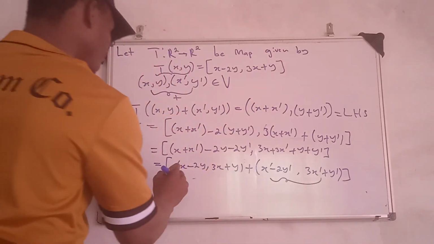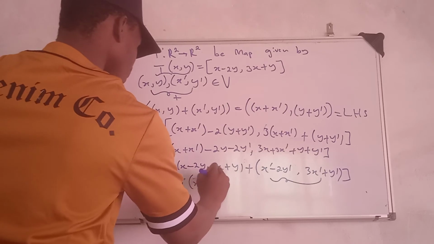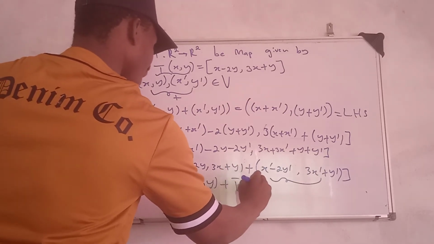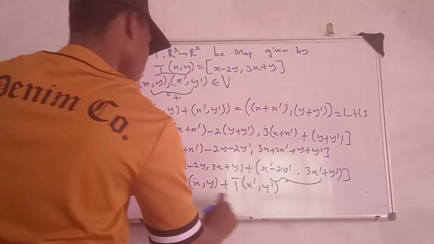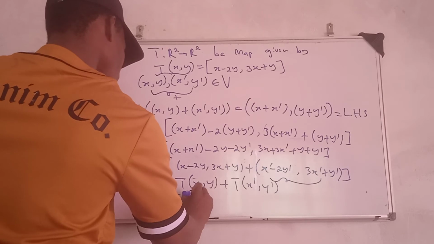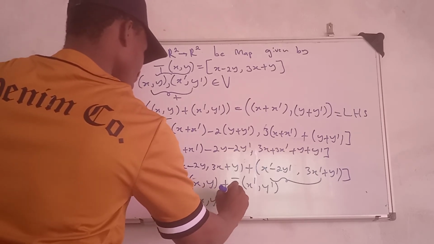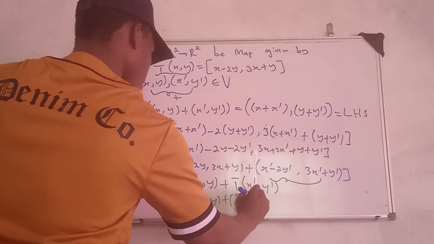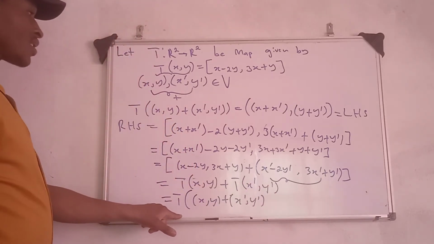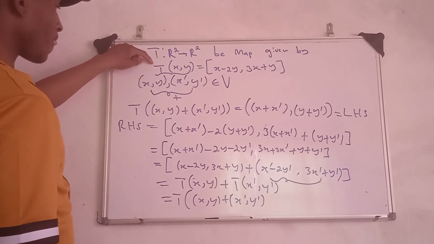So this will be the same as T of (x, y) plus T of (x prime, y prime), which is the same as T of (x, y) plus (x prime, y prime). So this thing is equals to this thing.